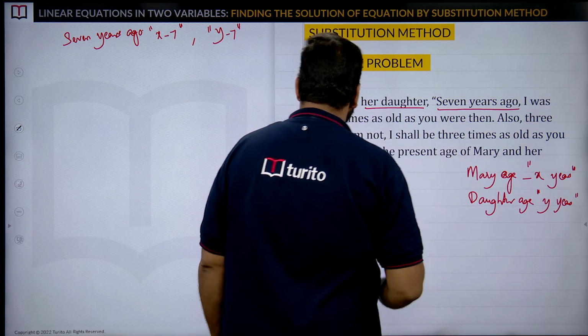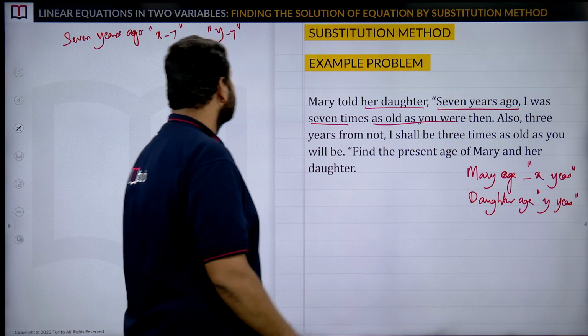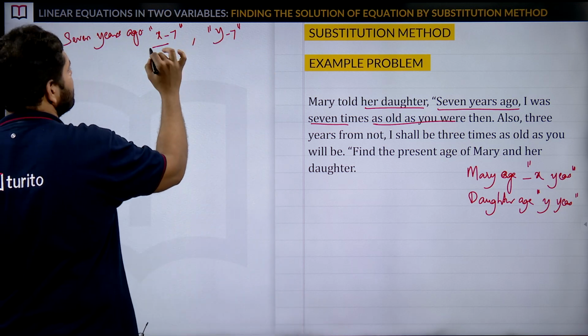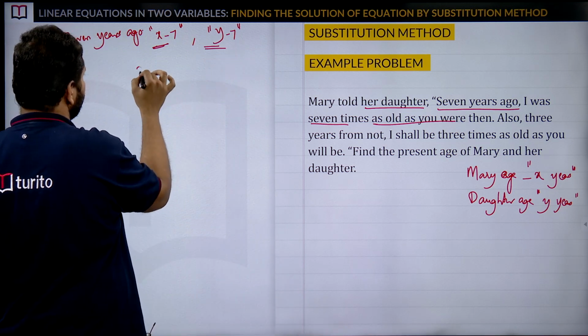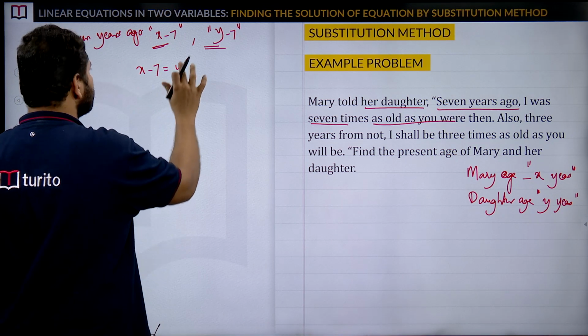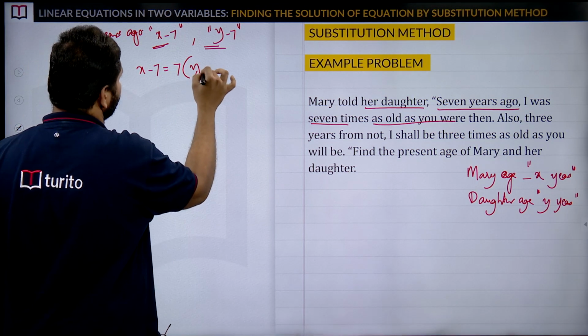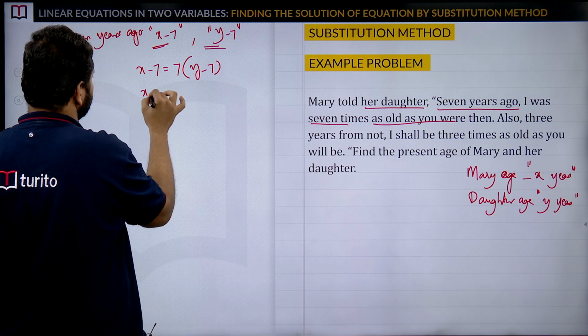And what is another condition children? I was 7 times as old as you were. That means her mother is what children? 7 times her daughter age. So we can write as x minus 7 is equal to, tell me children, x minus 7 equal to 7 times of y minus 7. So this is x minus 7.